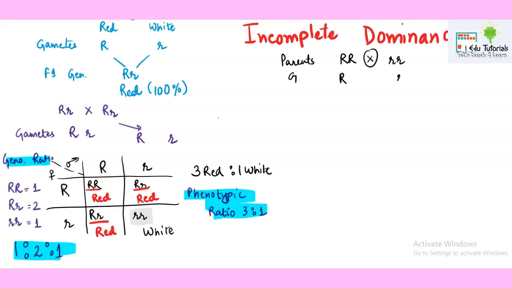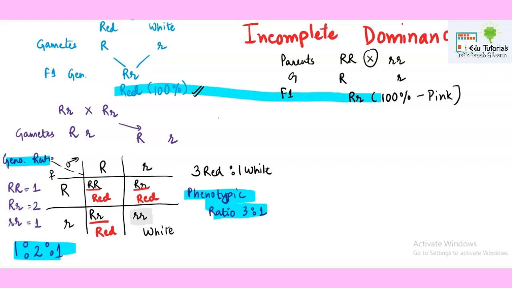These are our gametes which are the result of the law of segregation. Then we will get the F1 generation and this is capital R, small r. Now see, here all the individuals, 100%, will be pink in color, right?